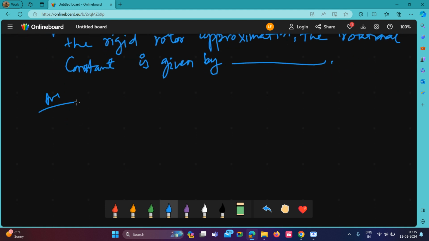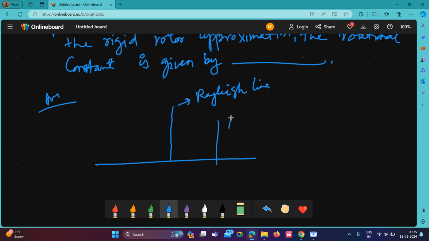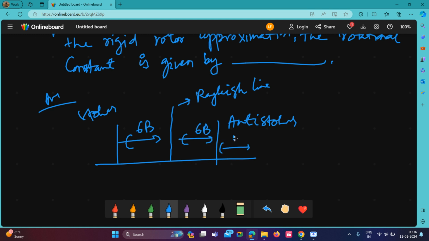First of all, what is the Stokes line? This is your Raman spectra. The middle one is your Rayleigh line, the excited line. The right side is your anti-Stokes line, and this one is your Stokes line. The difference between these two is 6B, but afterwards it's 4B.